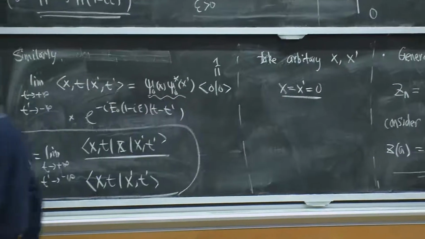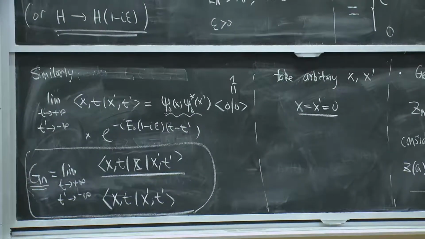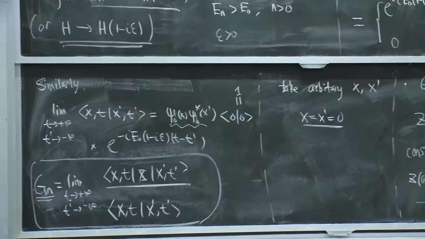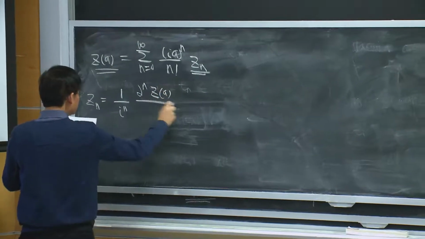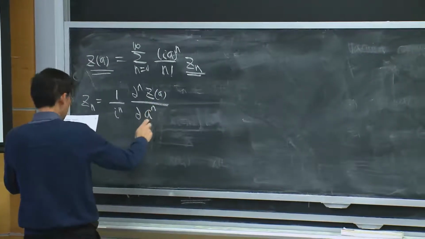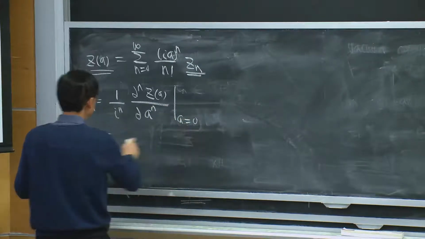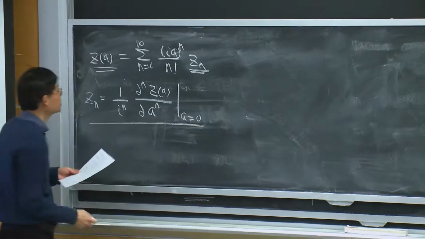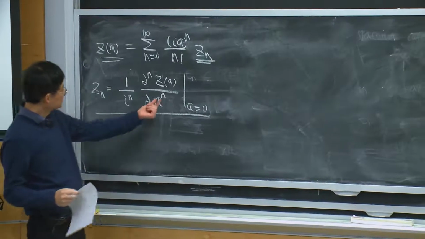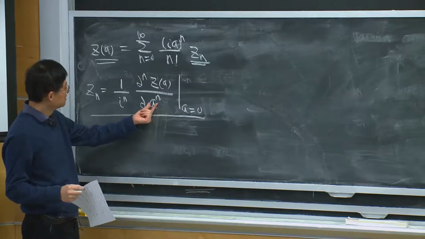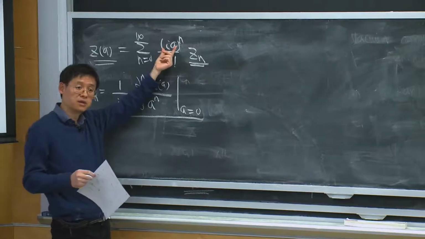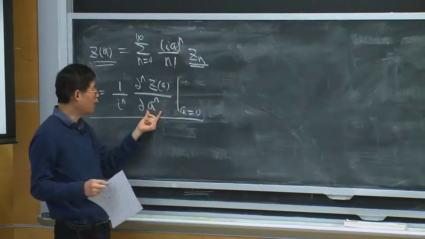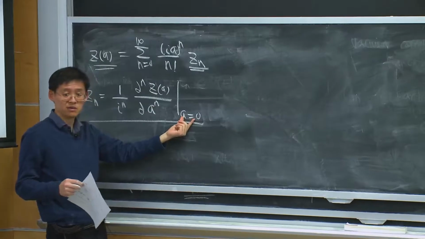So sometimes we also write Z_n as i to the power minus n times the nth derivative of Z of A with respect to A, and then you set A equal to 0. So this is the same thing. When you take n derivatives with respect to A, you get rid of the lower powers, and then the higher powers you get rid of by setting A equal to 0.